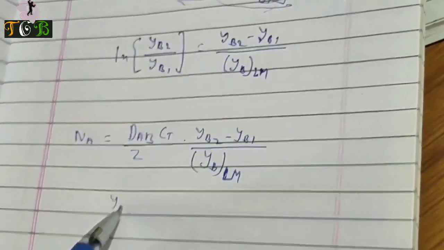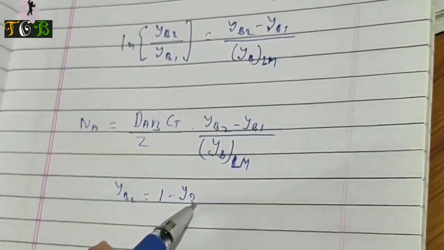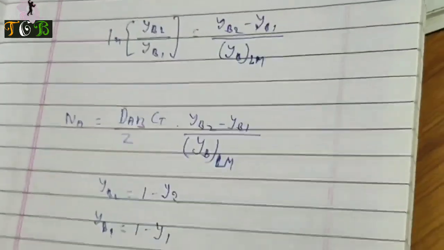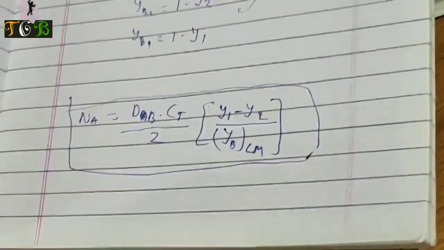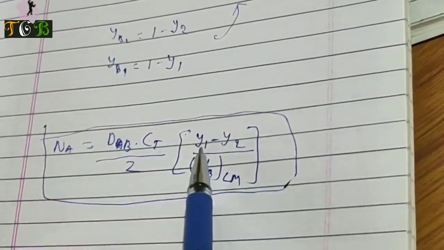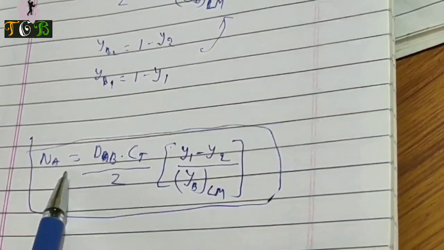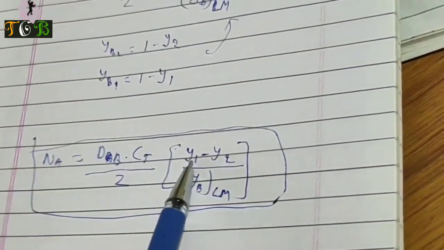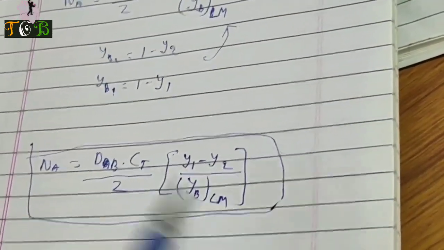Put yb2 equal to 1 minus y2 and yb1 equal to 1 minus y1, put these values in this equation and tell me what you get. I hope you have done it and you must have got this thing. Here y1 is actually ya1 because we are talking about component a. So if you are finding for a, then there will be ya1, ya2, yblm, and another second component, ct.